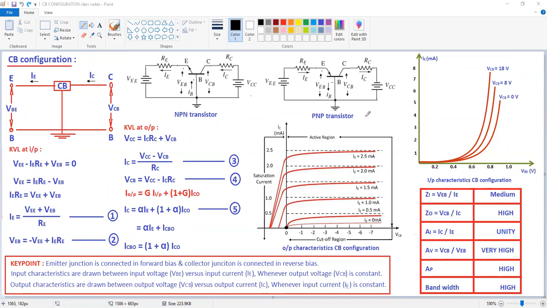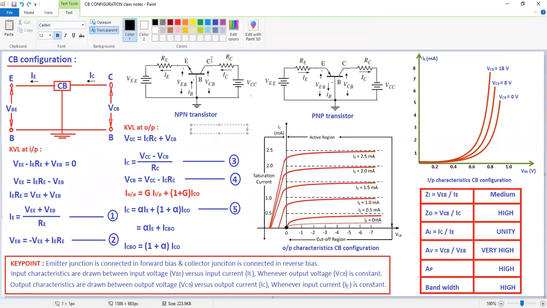Okay. Now see the output characteristics of your common base configuration. So here, before explaining this output characteristics, I am going to write the standard equation in the case of transistor. In the case of transistor, the standard equation is given by IE is equal to IB plus IC.